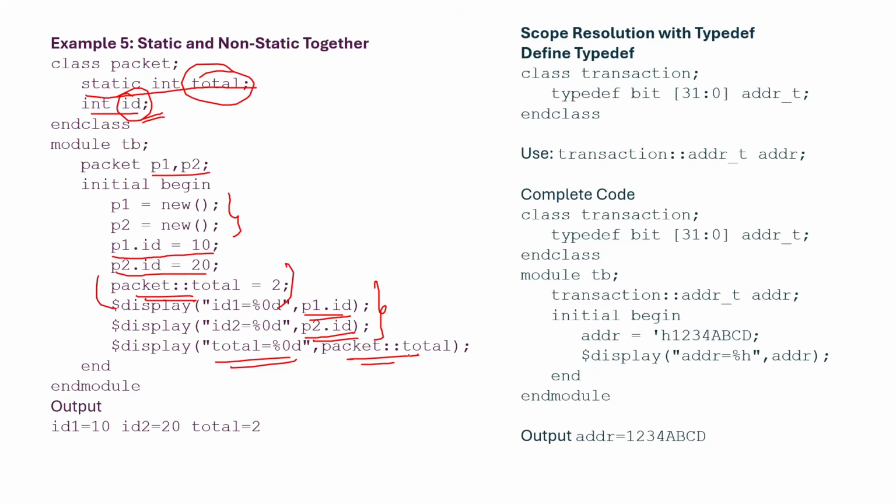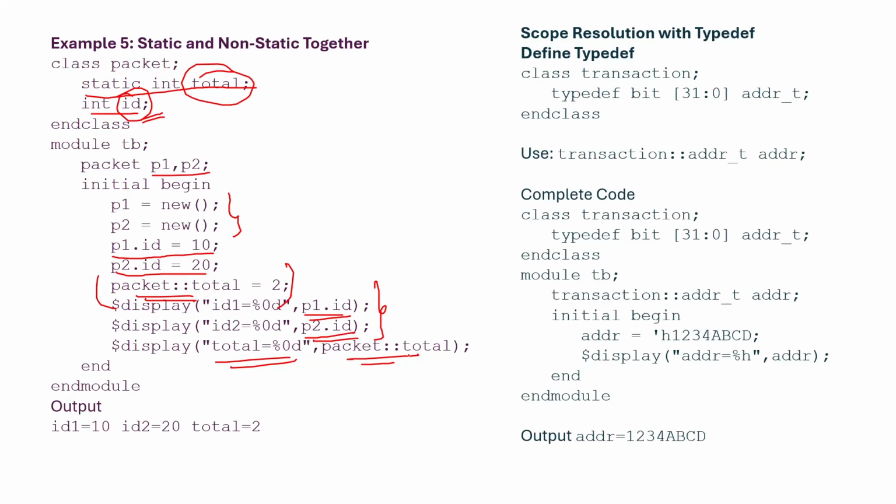And also typedef. What is the use of typedef? User defined data type. What it is saying there? User defined data type. The user can create their own data types, right? Here, address t is the address handle.